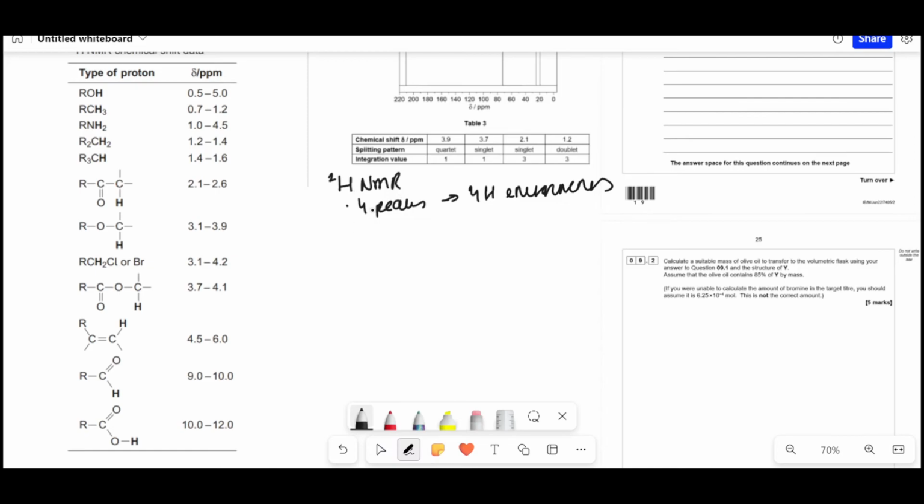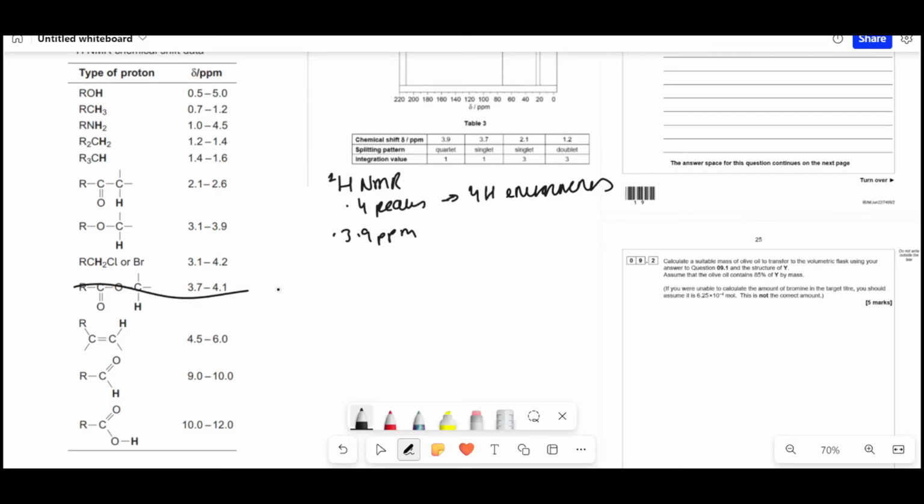So if we look at this first peak at 3.9 ppm, it could be this, it could be this, it could be this. But from before, we need to remember that it has a C=O that's not part of a carboxylic acid. It's either an aldehyde or a ketone. And we know there's an OH from an alcohol. So some of these can be knocked out.